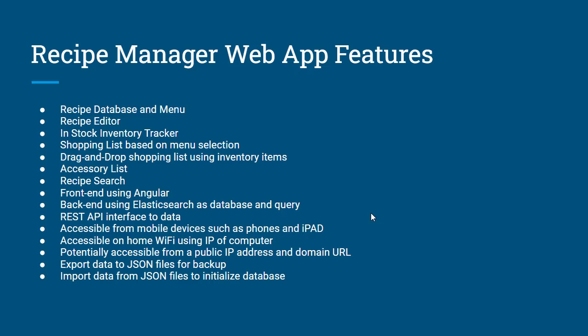I want to be able to create a shopping list based on, let's say, a couple menus, a couple recipes. I can click on those and it will give me the list of ingredients. It'll cross-check it with what I've got in stock and then give me a shopping list that says, oh, this is what you need to buy. And I also want to drag and drop some items directly into the shopping list.